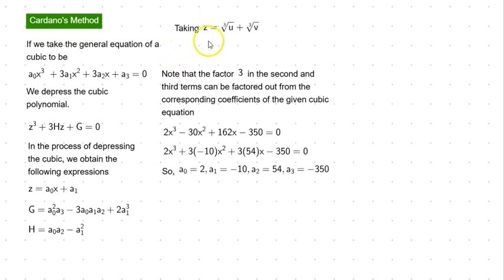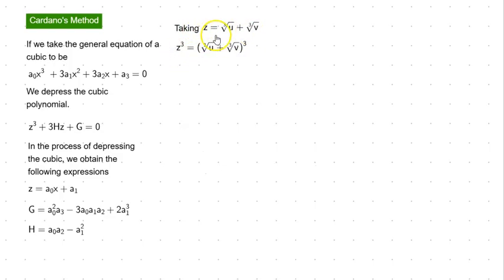Now, taking z is equal to cube root of u plus cube root of v. Again, how this u and v come about, we have seen in our previous sessions. Now, taking cube on both sides, we get z³ is equal to the cube of (∛u + ∛v).